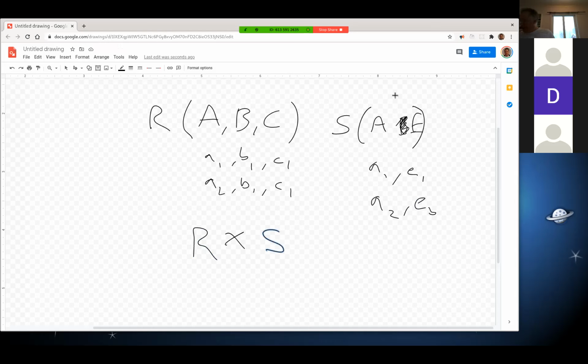When I say R cross S, R Cartesian product S, that equals a relation that has A, B, C, A prime, and E. I put the prime in there because we'd otherwise have a repeat of A. I could just change the name to prime here. Let me do that.